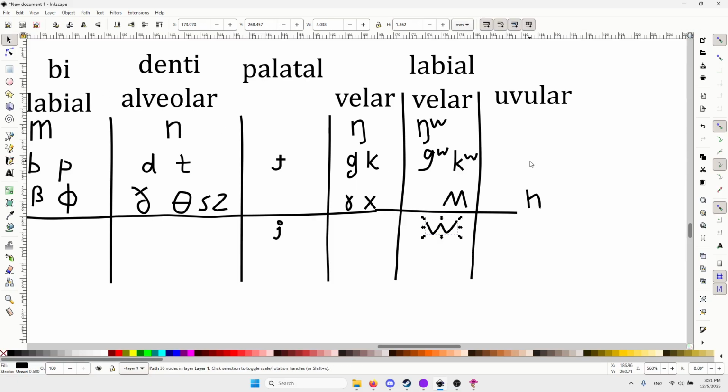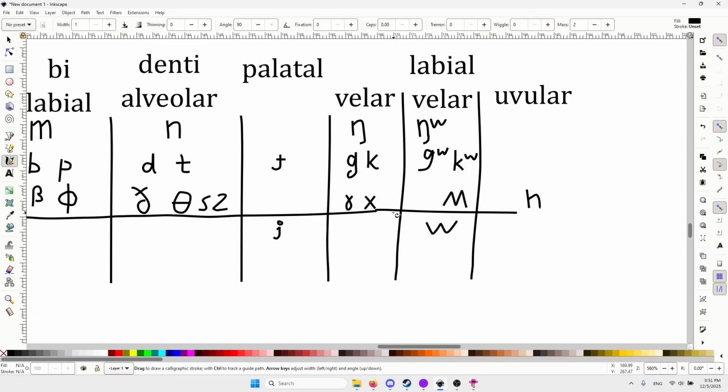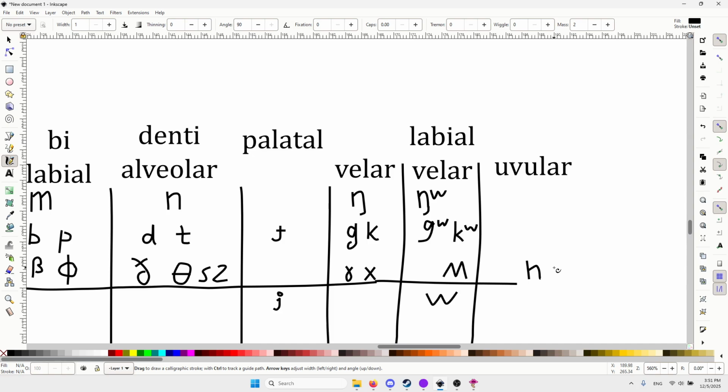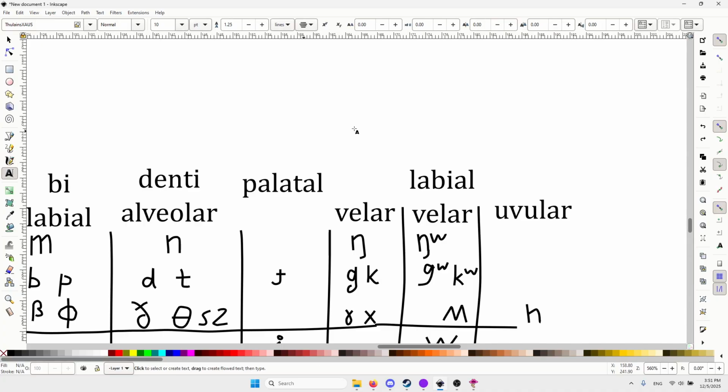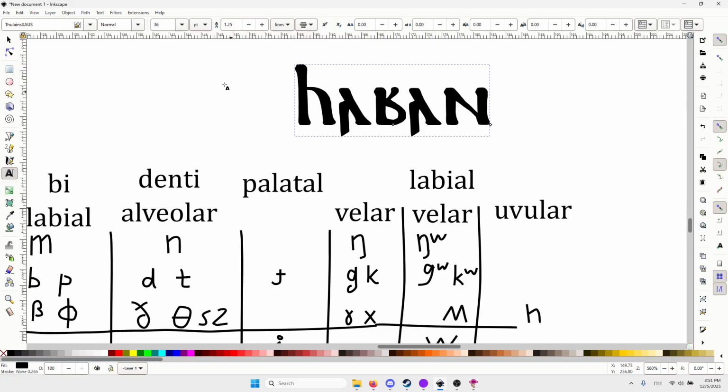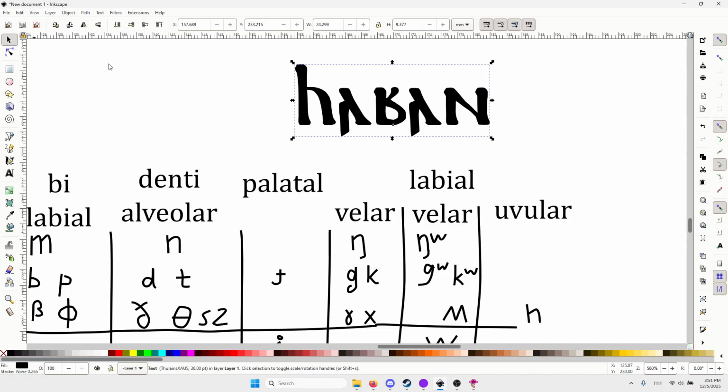So in Gothic, this h sound in Proto-Germanic became h. So for example, we have the Gothic word havan, havan, instead of chavan, chavan.